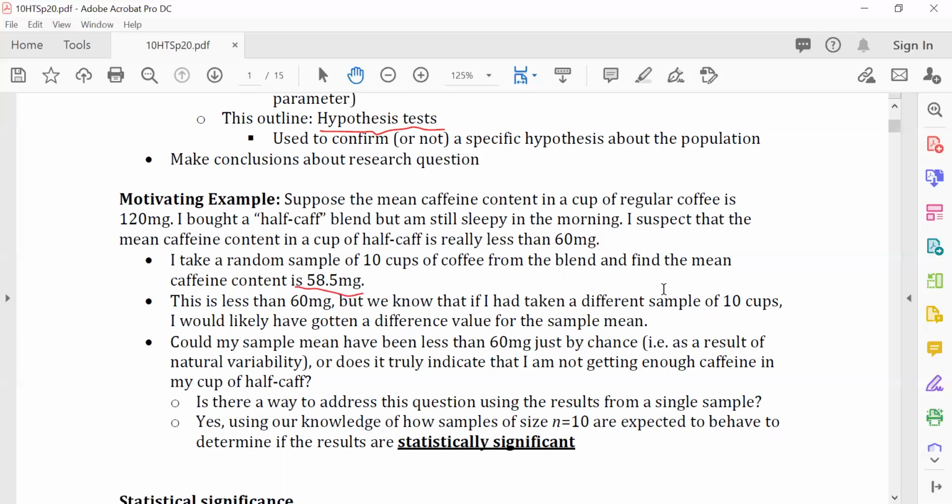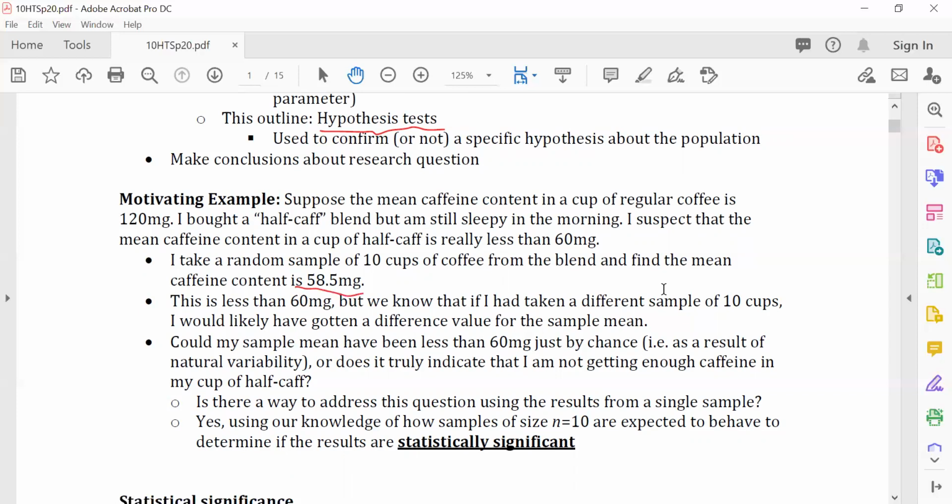In order to answer this question, we will need the information we have talked about on the behavior of the sample means. Do you guys still remember where we talked about that? Yeah, we talked about that in the sampling distribution topic, right?